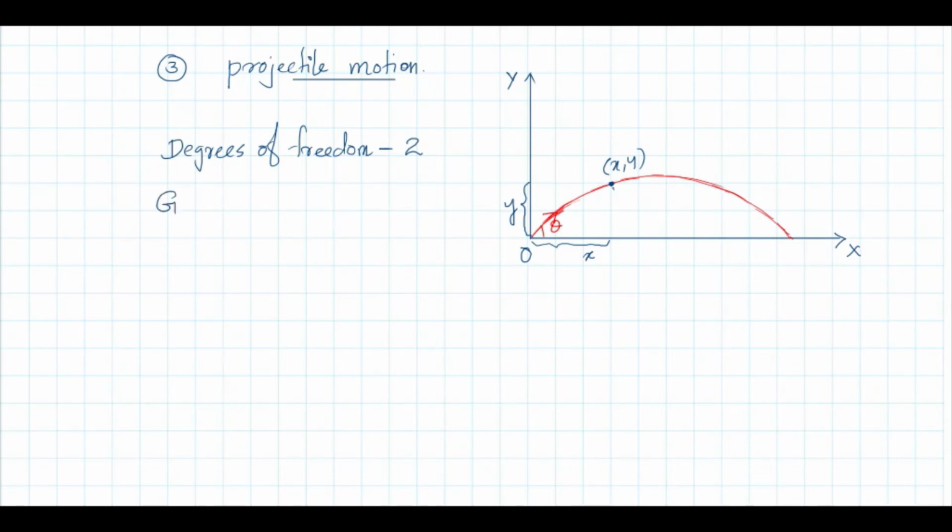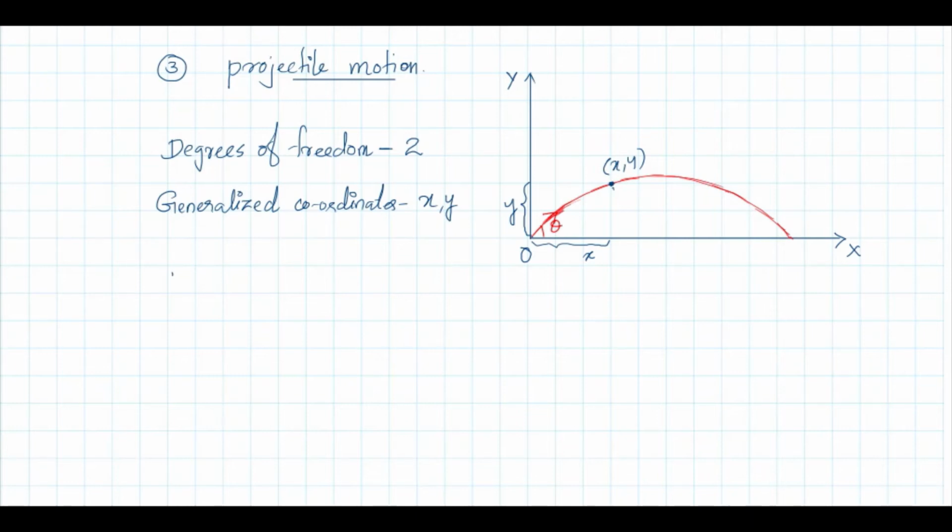Generalized coordinates. What is the suitable choice of generalized coordinates? I will take the x and y coordinates of this particle as generalized coordinates. You can use polar coordinates also, but in this problem, I will use Cartesian coordinates.